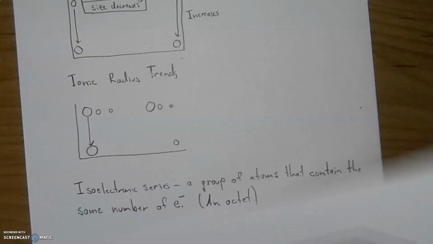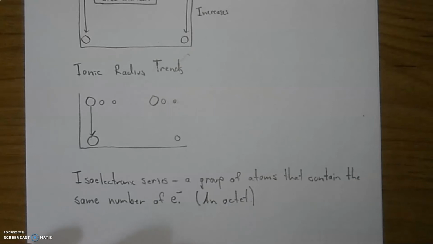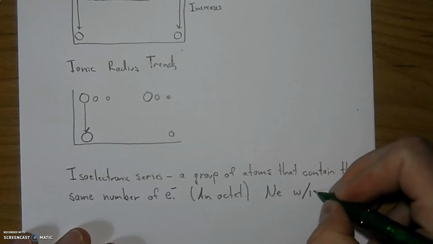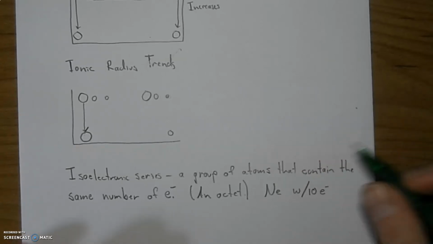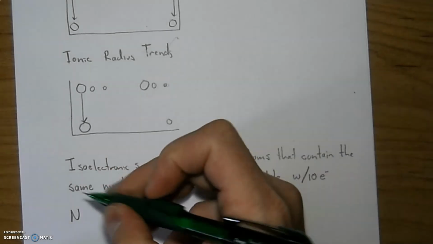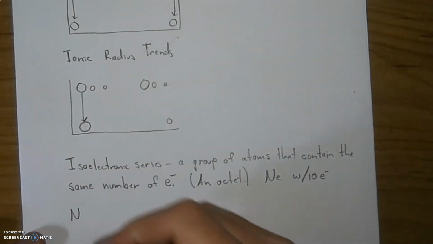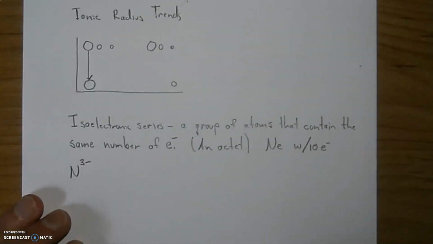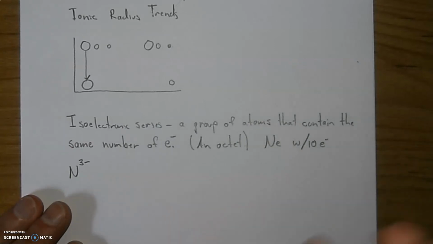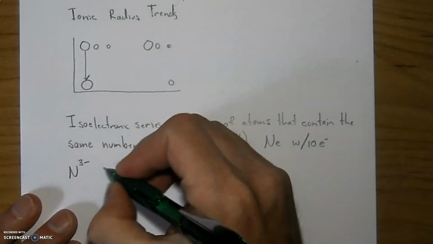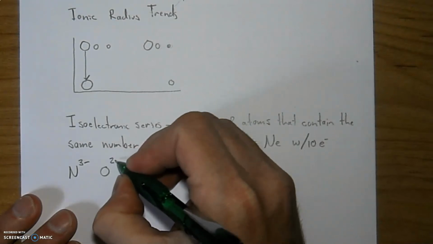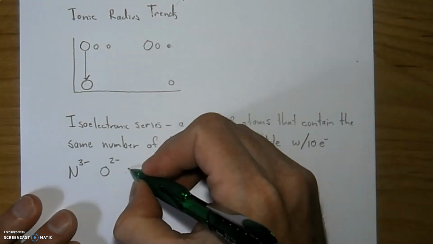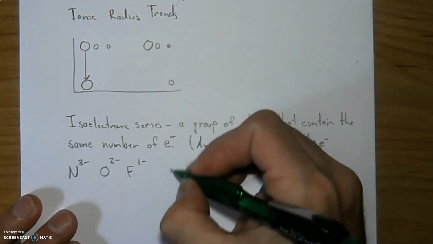So let's write those down as an example. We'll say neon as an example with 10 electrons. Just the examples of ones that we have in here. You have nitrogen, which typically gains 3 electrons, so -3 compared to neutral. You have oxygen, which typically gains 2 electrons. We have fluorine, which typically gains 1.